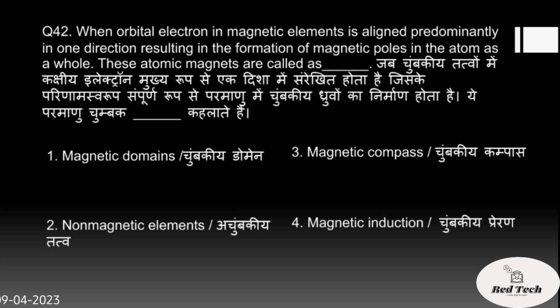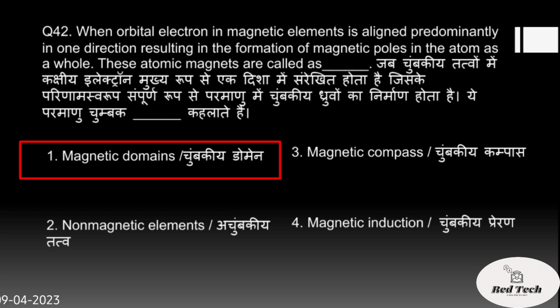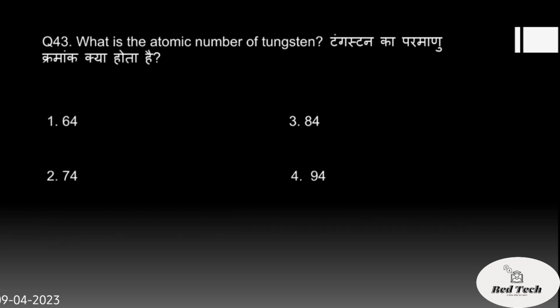What is the term used for the atomic magnets? The options are magnetic domains, non-magnetic element, magnetic compass, and magnetic induction. The right answer is option 1, magnetic domains. They behave like atomic magnets, and they are called magnetic domains.